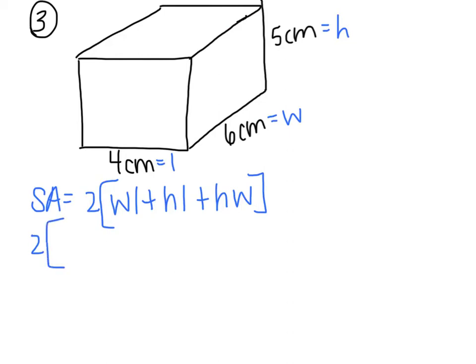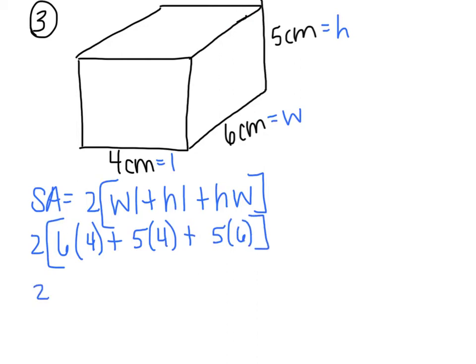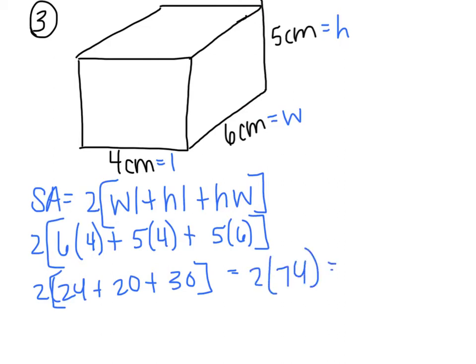So 2 times 6 times 4 plus 5 times 4 plus 5 times 6. 6 times 4 is 24, 5 times 4 is 20, 5 times 6 is 30. So 24 plus 20 is 44, plus 30 is 74, so 2 times 74 is 148 centimeters squared.